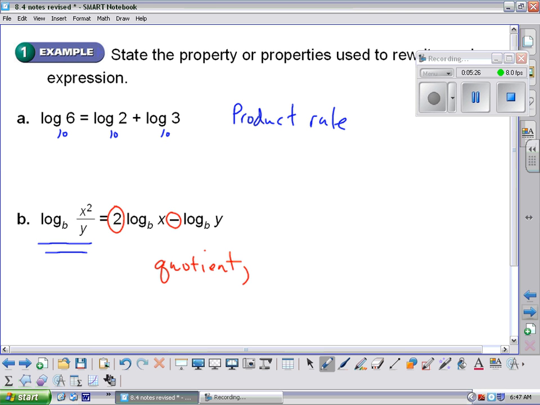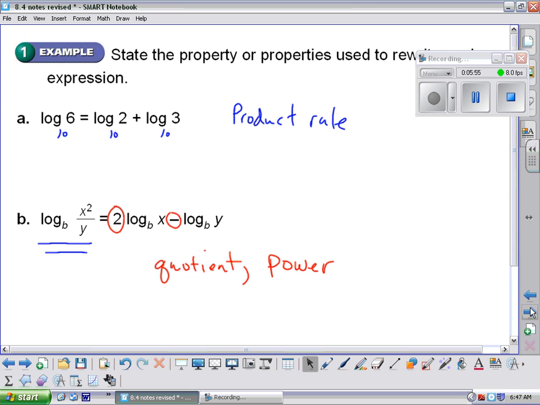The exponent of the x squared got out in front of that statement. So that was the power rule, the very last one. So the quotient rule and power rule are used. Typically the way you would write this in order, you would have the x squared here in step 1, and then the last step is taking the exponents out to the front of each term.